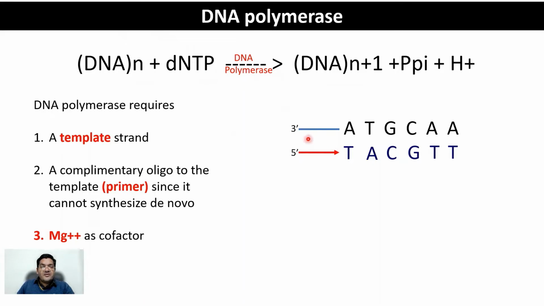This DNA of length N would be extended by one nucleotide at a time, so you get DNA N+1. There will be a release of pyrophosphate and an H+ ion alongside in the reaction. Then it moves to the second nucleotide on the template and adds a complementary nucleotide on the growing strand again, and so on and so forth. The reaction is continued, right? So this is the basic reaction that happens in DNA polymerase.